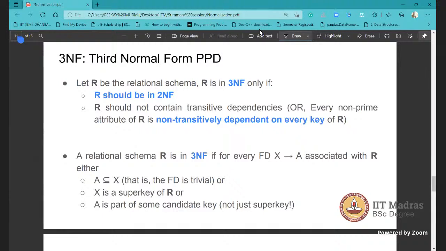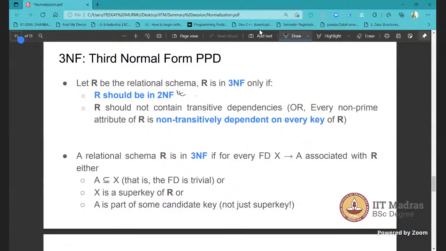Let R be a relational schema, and R is in 3NF only if R is in second NF and R does not contain any transitive dependency, or every non-prime attribute of R is non-transitively dependent on every key of R, right? We can summarize this part and check it as follows.